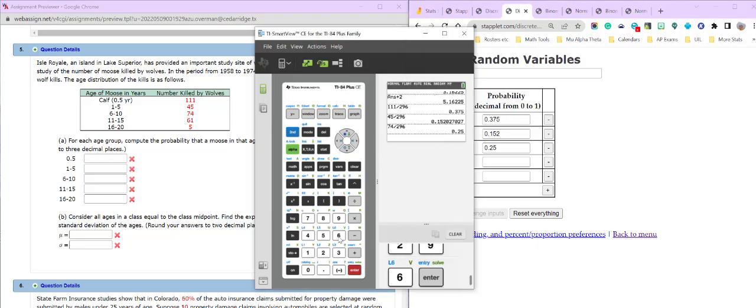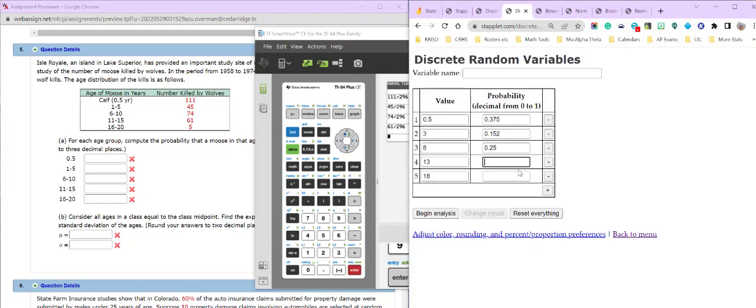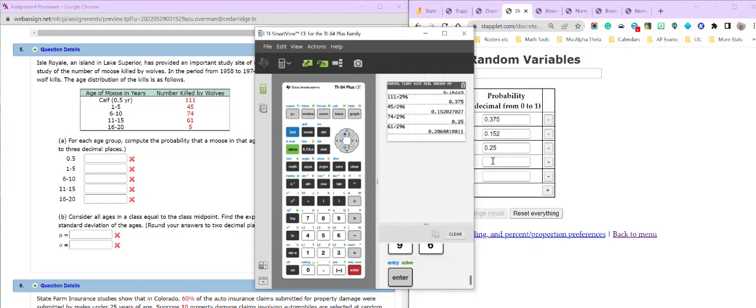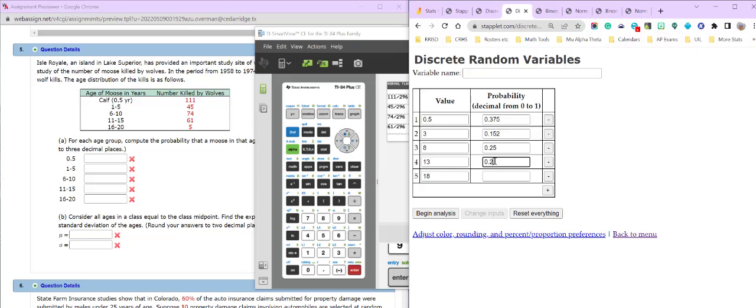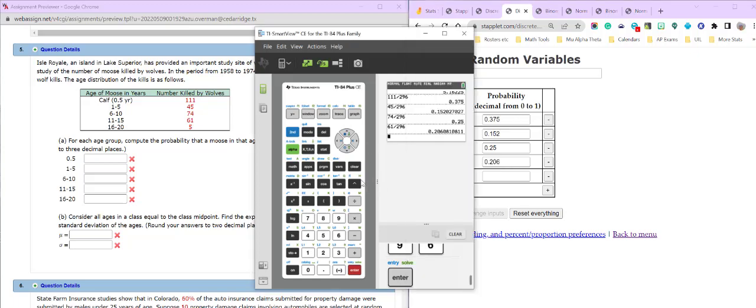And then we have 61 divided by 296. And I'm getting 0.206. Okay. And then finally 5 divided by 296.